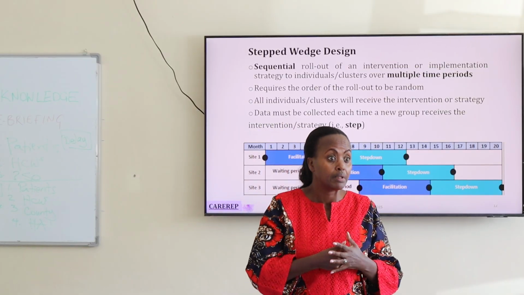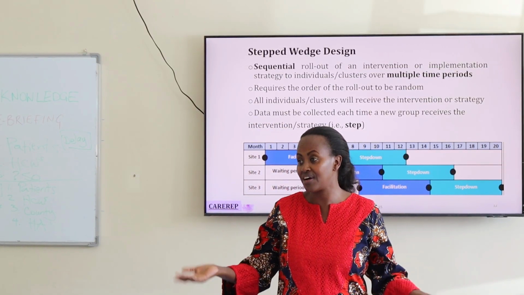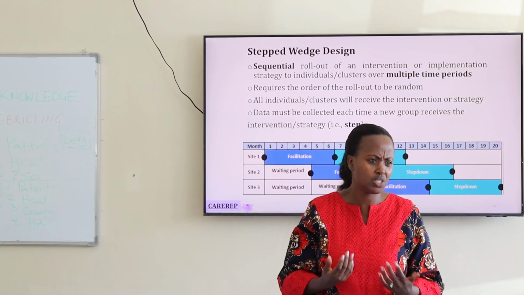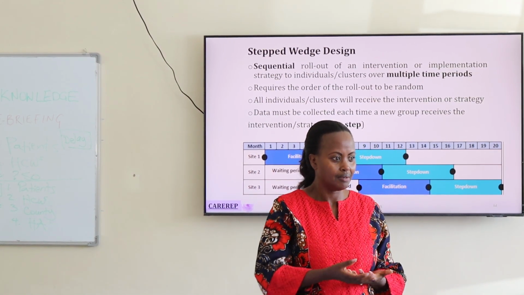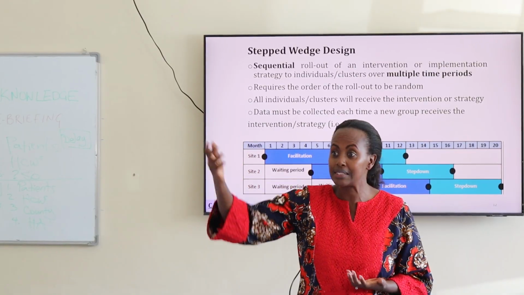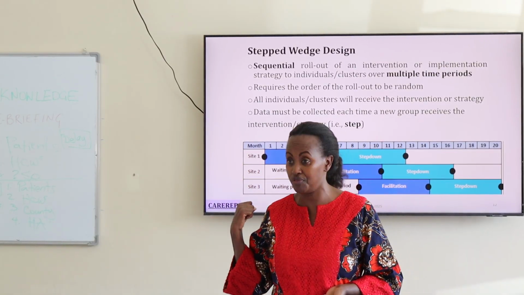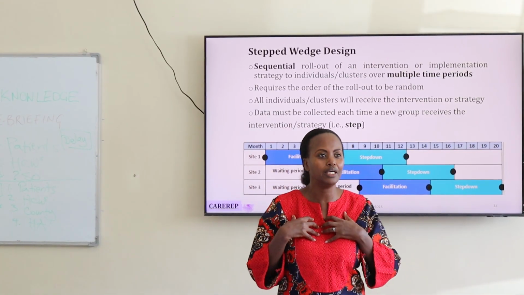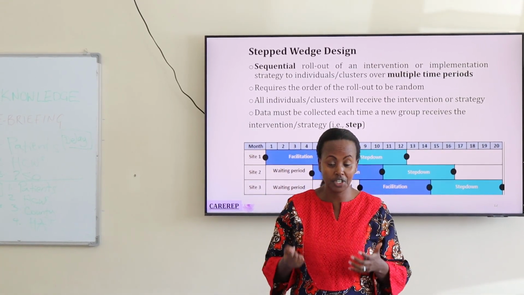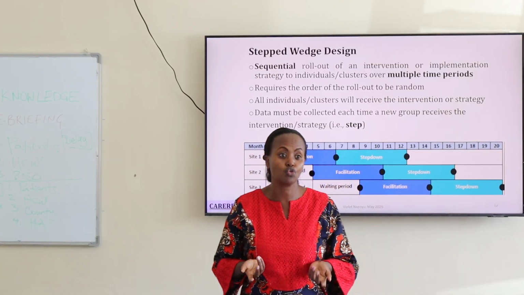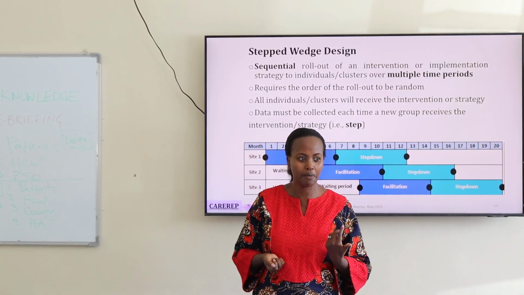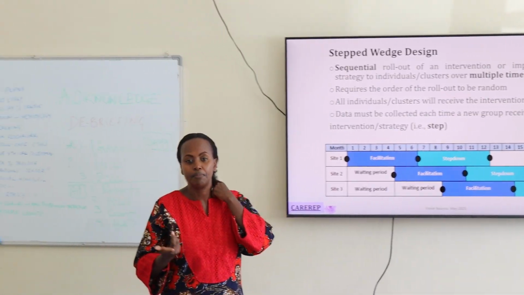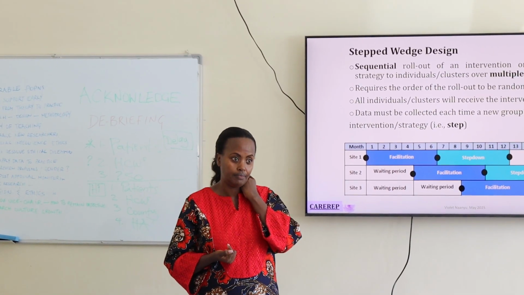Because we felt the mothers in Kilifi, especially in those far-flung places, were very needy, in very poor neighborhoods. Why would you take the point of care kit here and not the other place? It's the principle of justice. So the step wedge design allows us to actually apply the principle of justice, but in a way that allows us to also do research. So remember that, when you're doing a study like that, where everybody needs that kind of intervention.